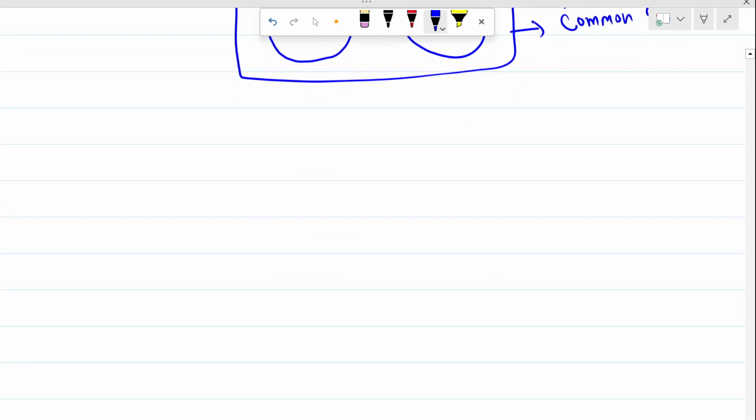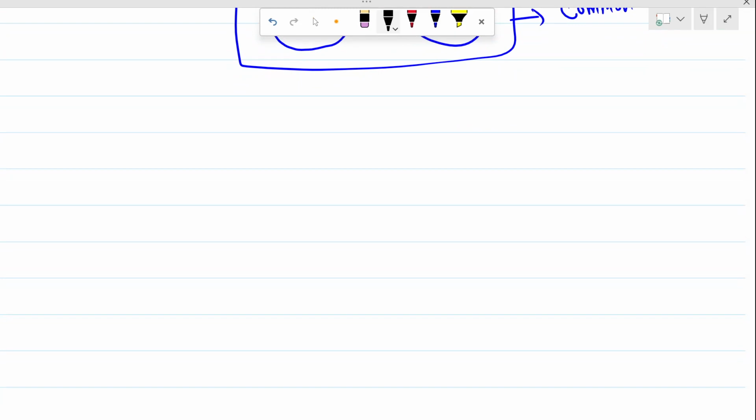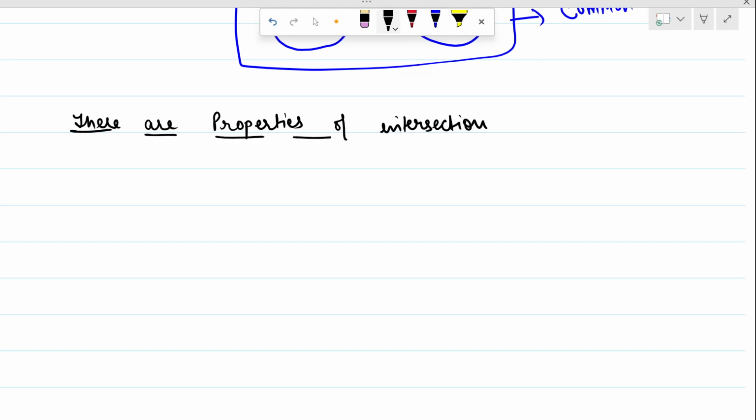There are properties of intersection. First, we have A intersection B is equal to B intersection A. So it is a commutative law.